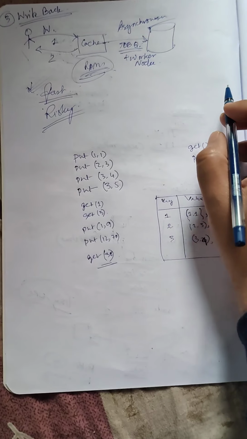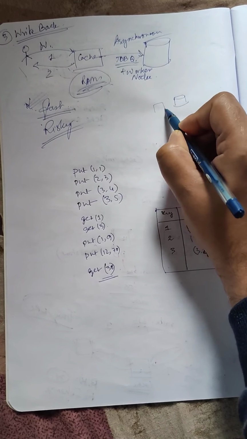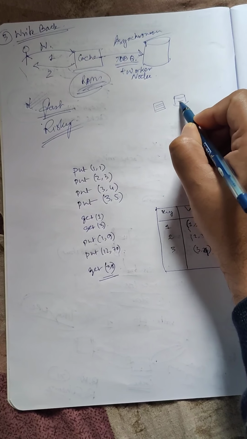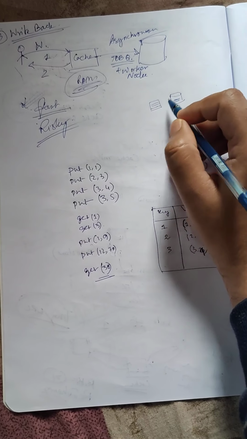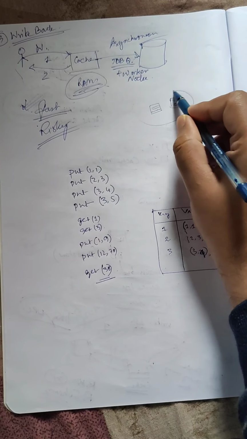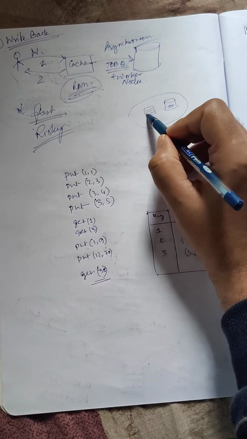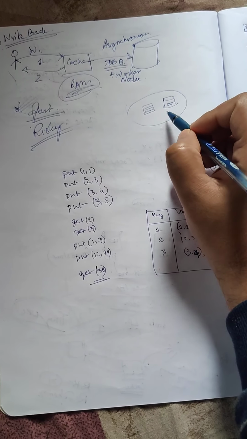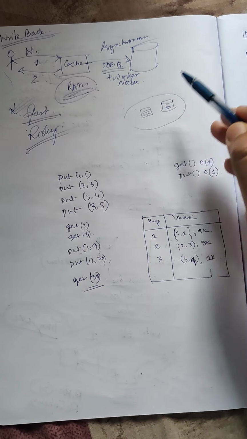Cache invalidation talks about this: if we have a server and a cache memory, and the server data has been updated, and the cache memory doesn't know about that, then we need to use some techniques to make sure that both are in sync, so that we can update our cache accordingly.